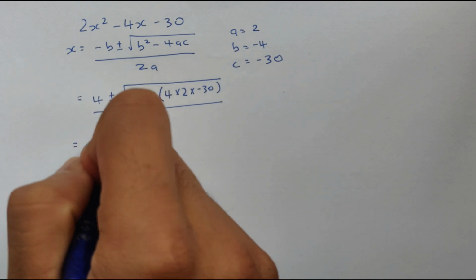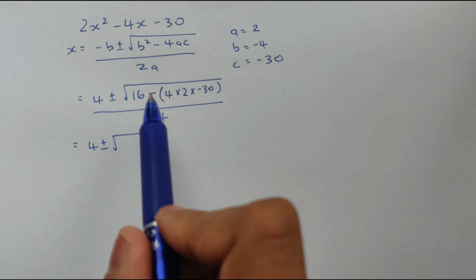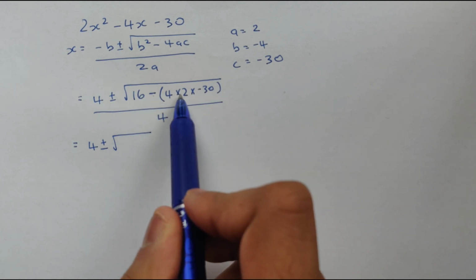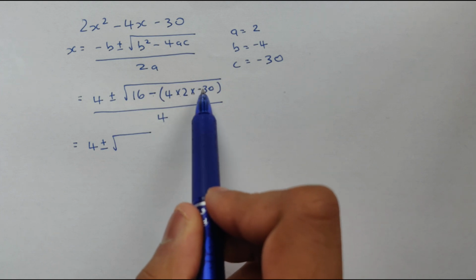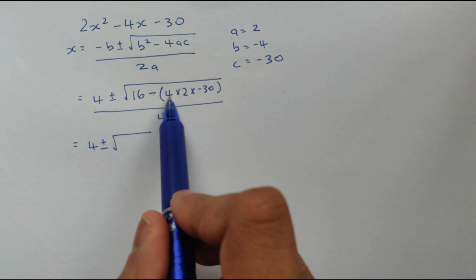So this equals 4 plus or minus the square root of 16 minus 4 times 2, which is 8, times minus 30, which is minus 240.